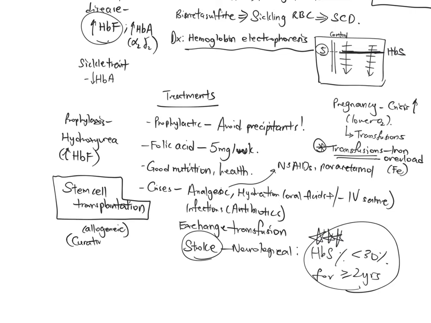It is considered curative, and 80% of the patients who have undergone a stem cell transplantation remain disease free, and there's also mortality and complications associated with it, which is about 10%. So you will only really consider stem cell transplantation if the patient's lifespan is severely reduced, and also if their condition is very severe.